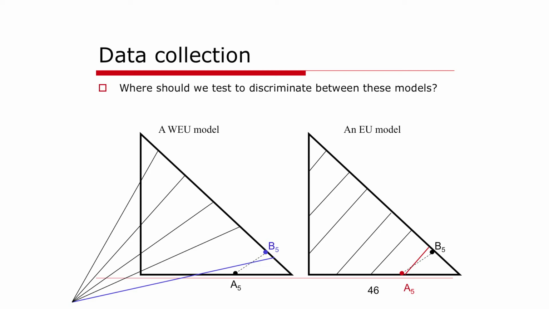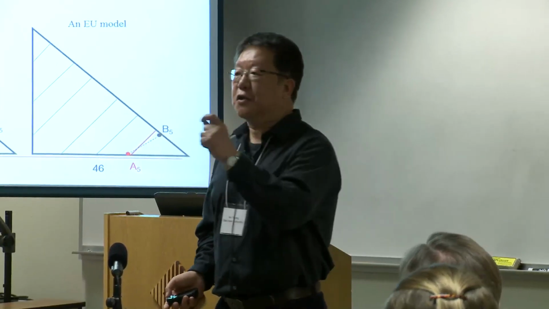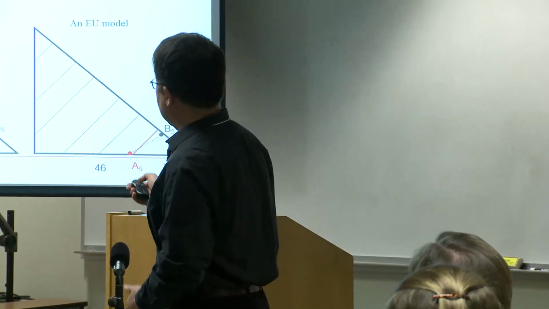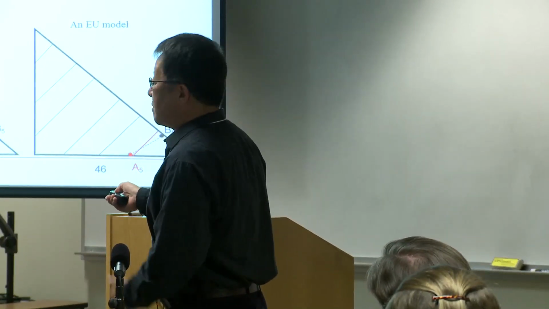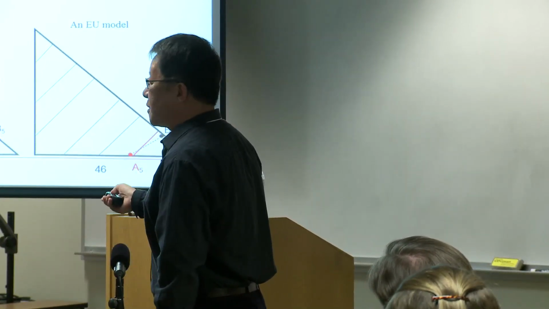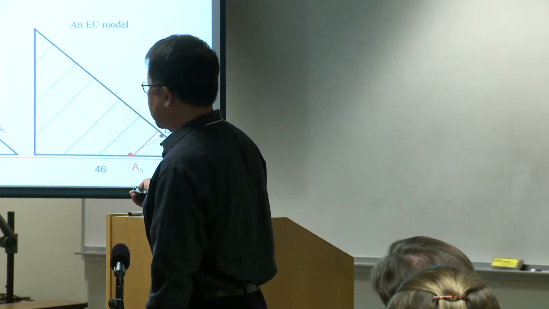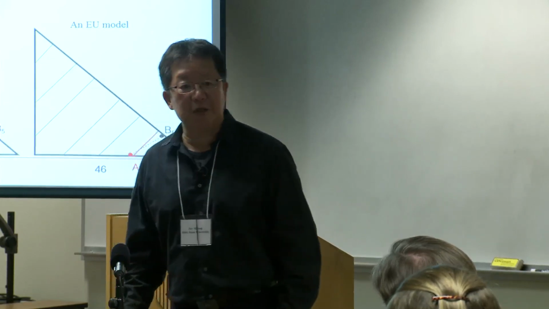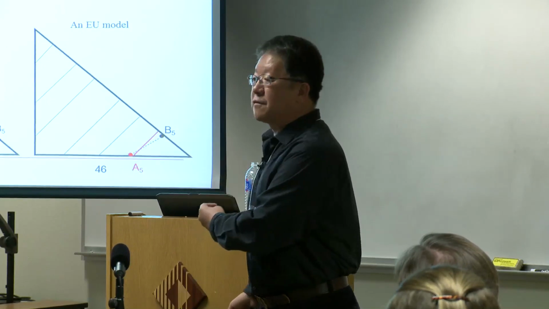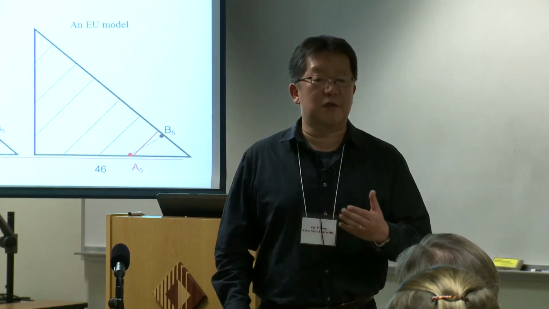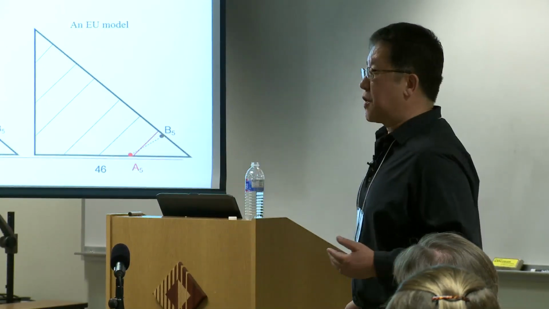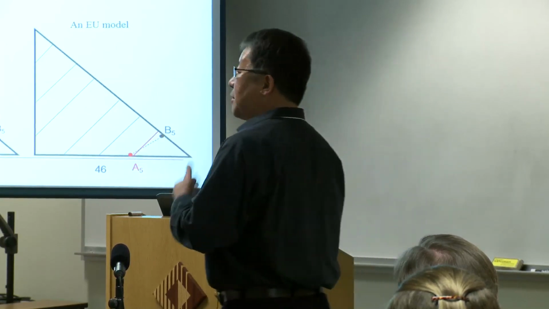But one issue is that those 2 indifference curves, WEU and EU, depend on the assumption of a particular indifference curve. There are practically an infinite number of indifference curves, because the slope can be different even within the EU. So it's not like there's one indifference curve for WEU and one for expected utility. There's parameter uncertainty.